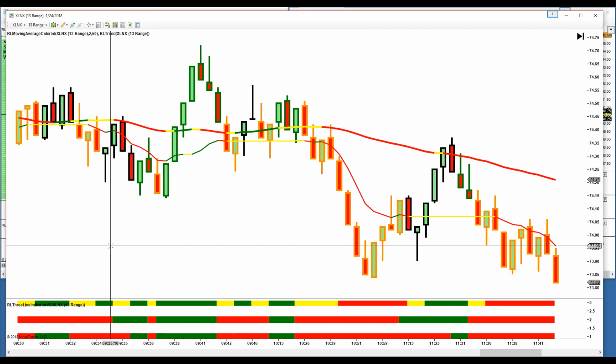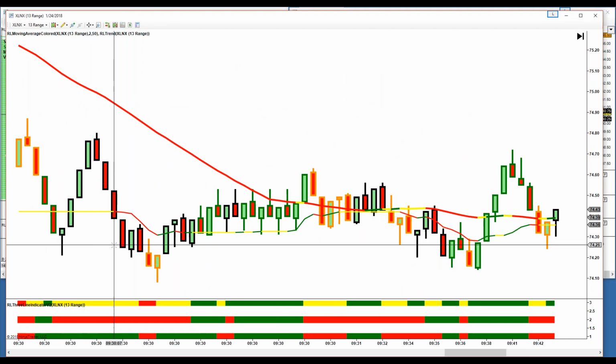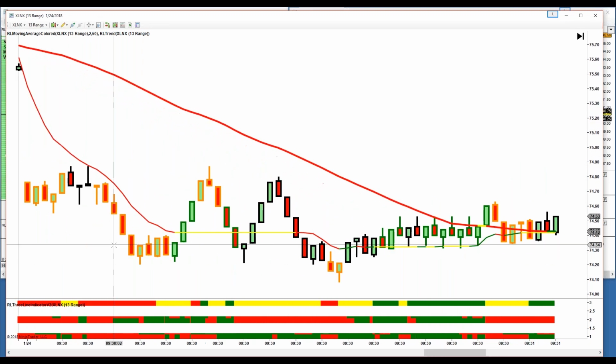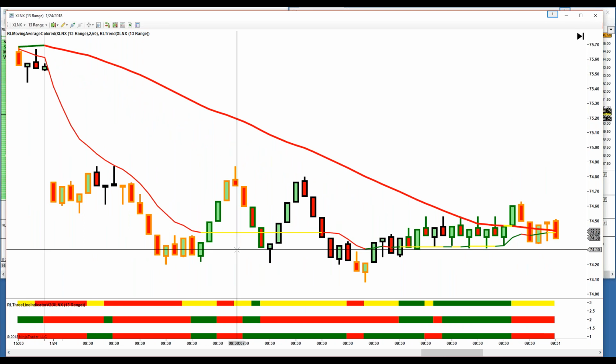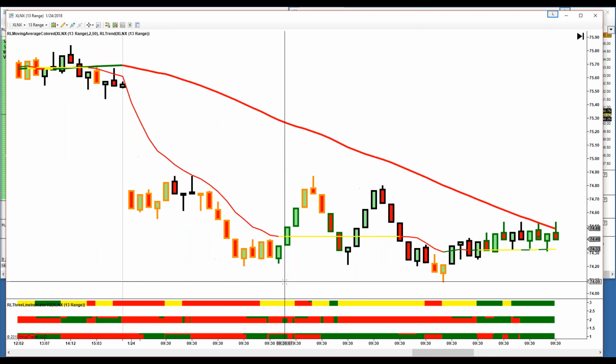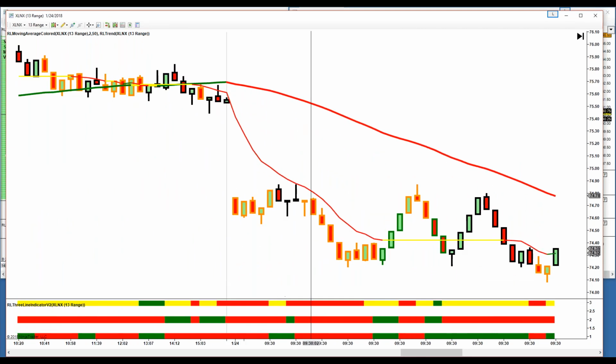So yes, you can, but you're going to do it, I think, at the price of precision. Precision really comes down to the number of trades that you take that win. And your win percentage is going to be increased if you trade in the direction of this line. And you can see in real time on Xilinx, you're going to get your best trades when these 3 forces align right here.